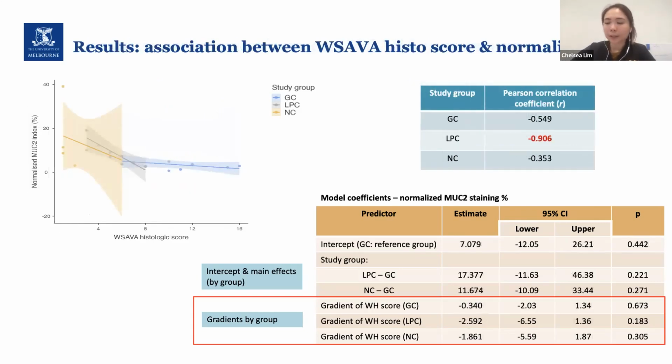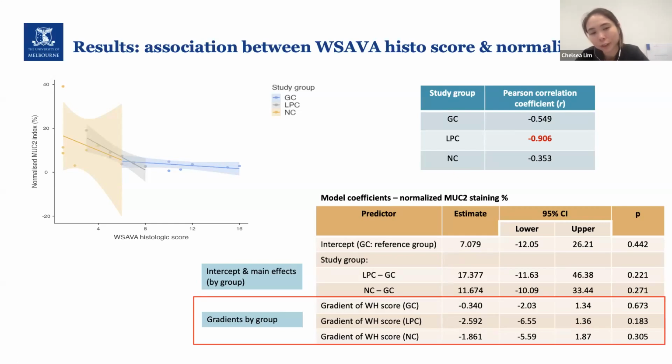The third association evaluated was between Wasaba histologic score and a normalized MUC2 index, which revealed a strong negative correlation in the LPC group, supported by the gray line on the left scatter plot, and a 2.6% decrease in MUC2 expression for every unit increase in Wasaba histologic score.